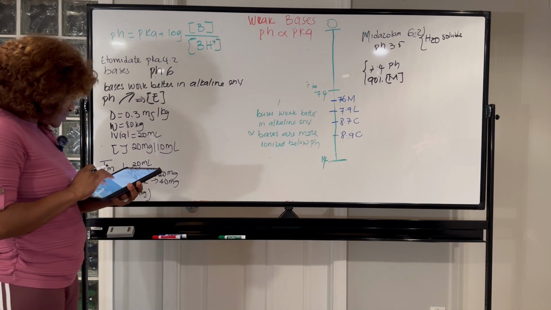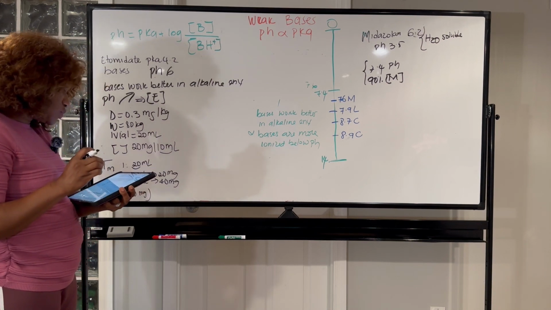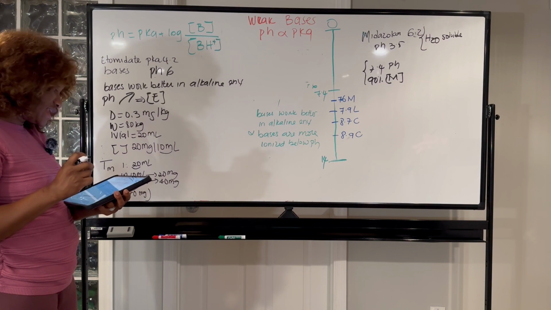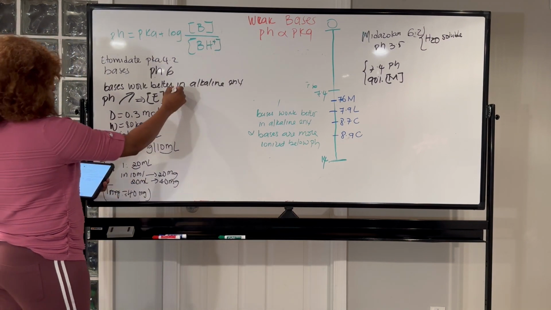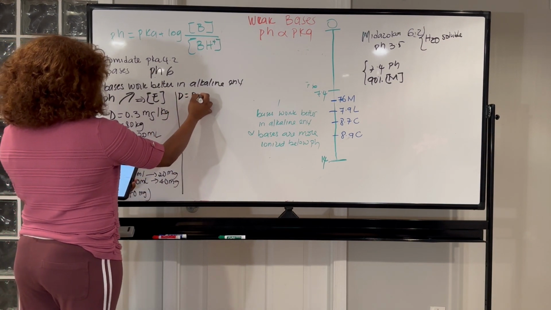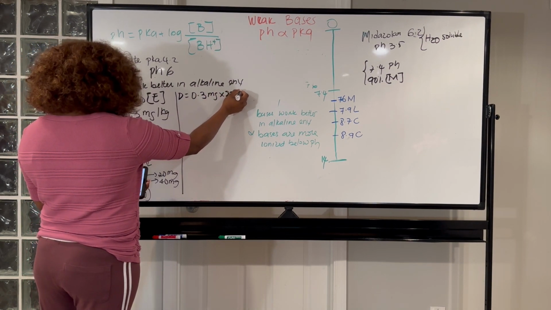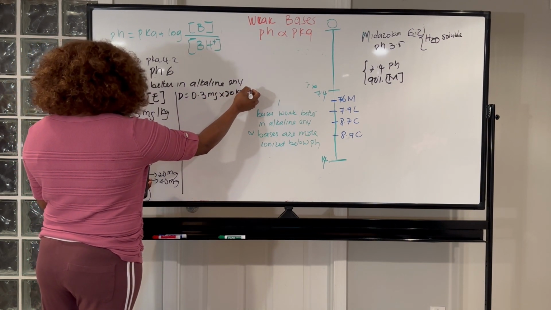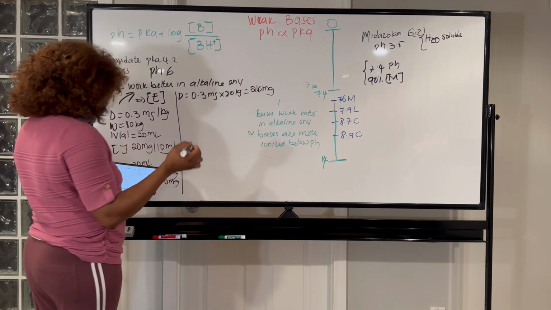We are asked, what will be the correct dose in ml to administer to the patient? So the dose for this patient is going to be 0.3 milligram times 80 kg, which give us 24 milligram. But we want it in ml.